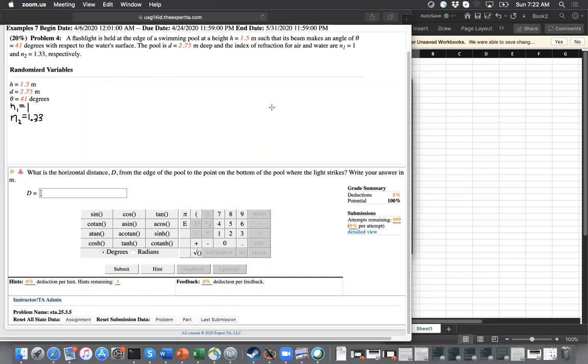So first of all, we know we have a swimming pool, so let's draw that. Here's a swimming pool. And we also know that we're holding a flashlight above the edge of that swimming pool. So there's a flashlight right around, let's say about here. It's an ugly flashlight, but it'll work.